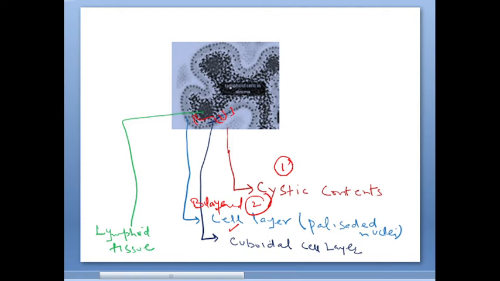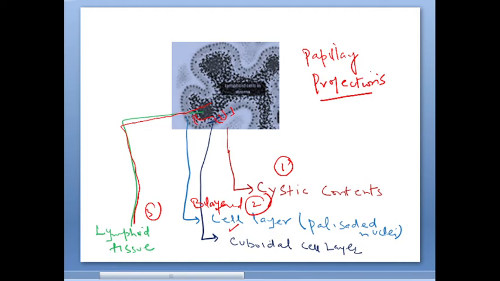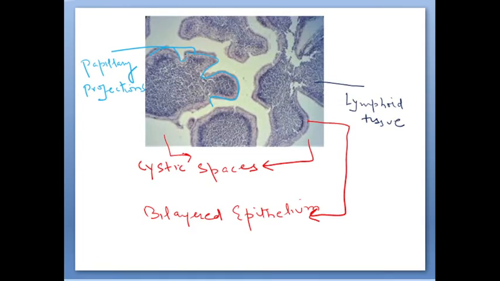Thirdly, there is prominent lymphoid tissue, and there are prominent papillary, finger-like projections. These are called papillary projections, and hence the name papillary cystadenoma lymphomatosum.